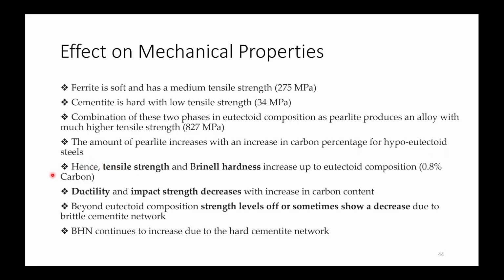Hence, the tensile strength and Brinell hardness increase up to eutectoid composition 0.8% carbon, and your ductility and impact strength always decrease with increase in carbon content.